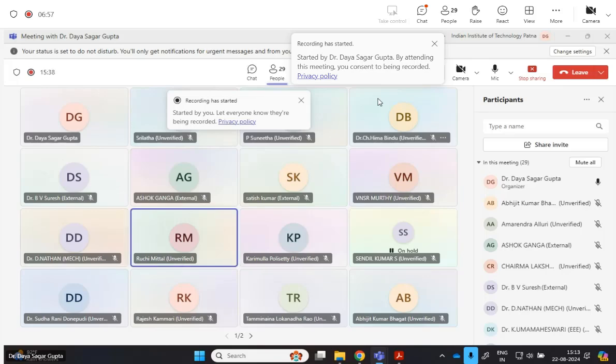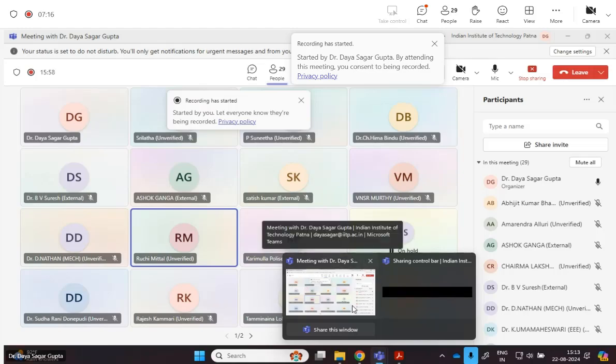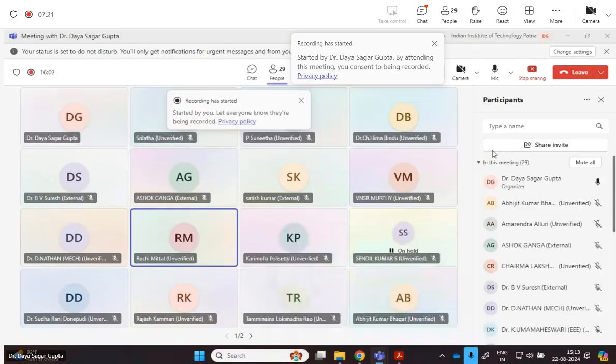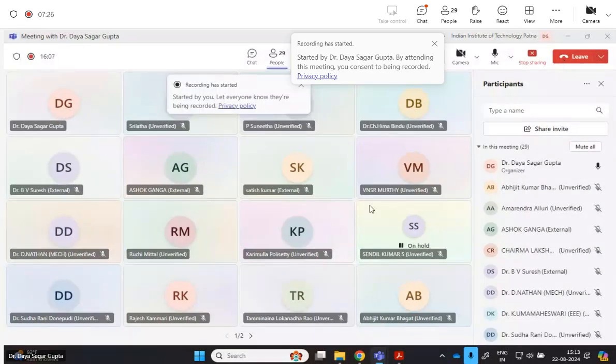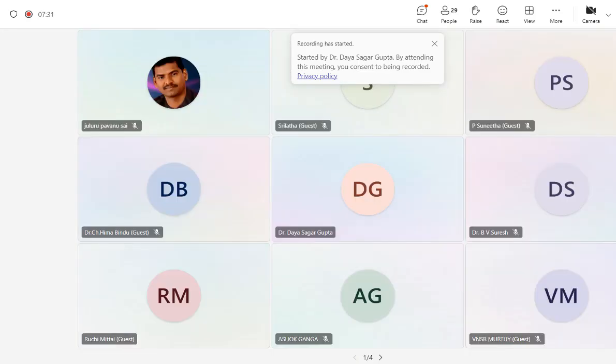Actually, the last lecture you recorded is not opening. It's showing some error that we don't have access. I think it would open only for IIT Patna. Let me check it first.